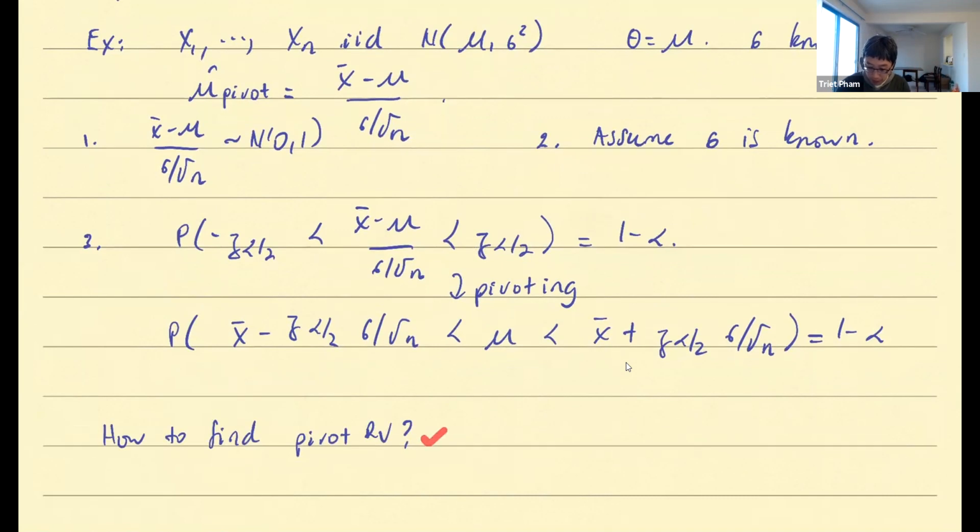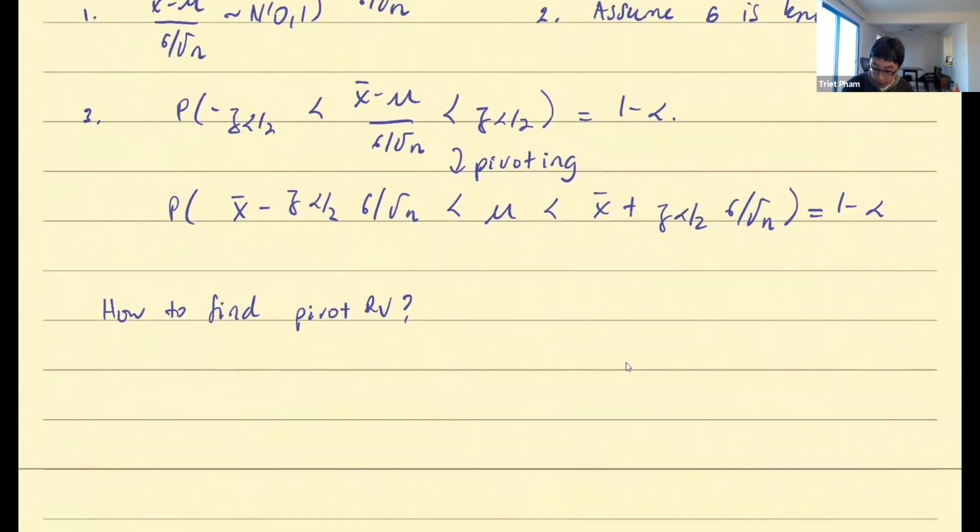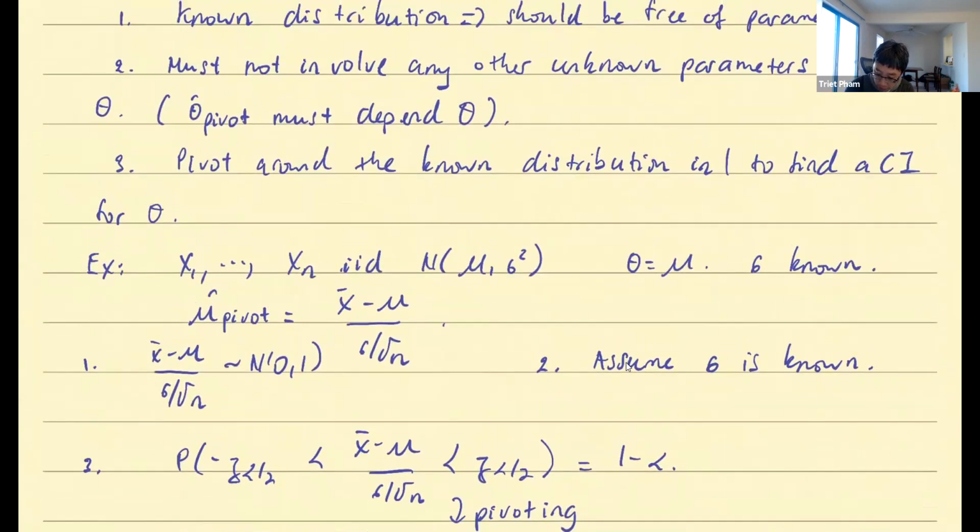As you can see, if you're given one, then you know by 1, 2, and 3 whether or not it's legal. Right here, though, is how to find one. The pivot random variable, for example, how did we find mu hat pivot here?